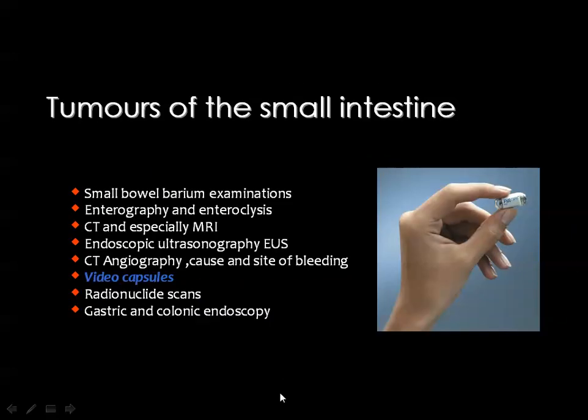And these are the ways for the diagnosis, including the small bowel barium examinations, enterography and enteroclysis, CT and MRI, endoscopic ultrasonography, and then CT angiography if there is bleeding. Then the video capsules can also be used to locate the site of the lesion, radionuclide scans, and endoscopy, of course.